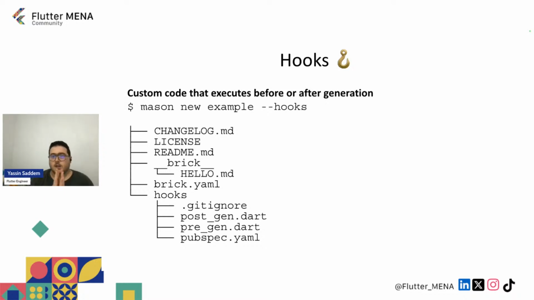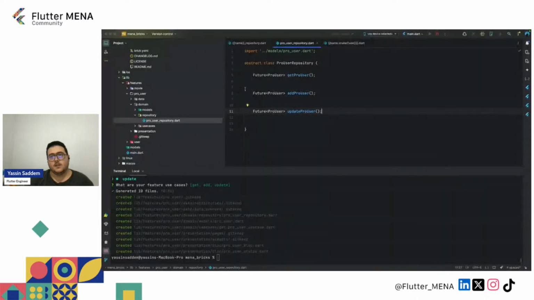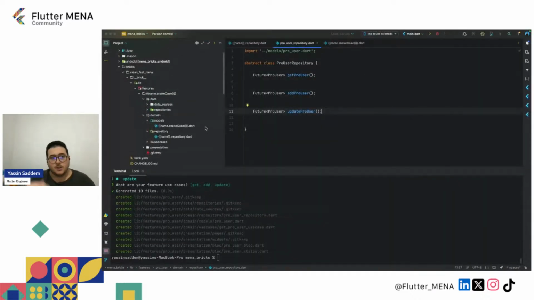It's simply two methods, each one in one file. One will be executed before generating the template, that we did create here, and the other will be after creating the template.